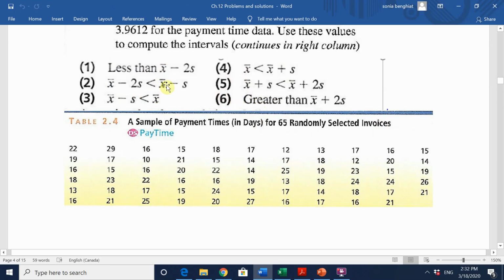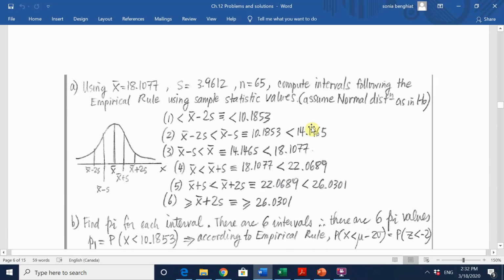Okay, so if I apply these formulas right here, I should get my interval limits. So if I use X bar and S, I get here for my first interval or my first category all X values in my sample of 65 that lie below 10.1853. So if my sample was indeed normally distributed, then I would have some points that lie below 10.1853.